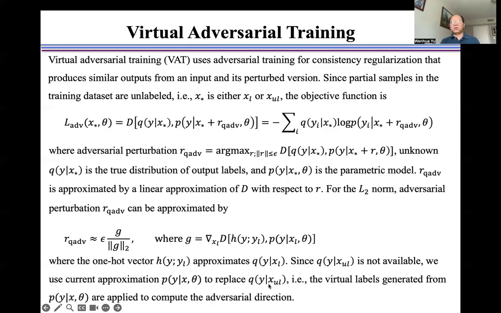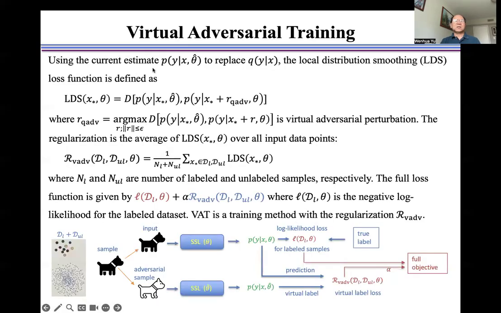Namely, the virtual labels generated from p are applied to compute the adversarial direction. Using the current estimated p to replace q, the local distribution smoothing loss function is defined as here, where r_vadv is calculated from this formulation, the virtual adversarial perturbation.